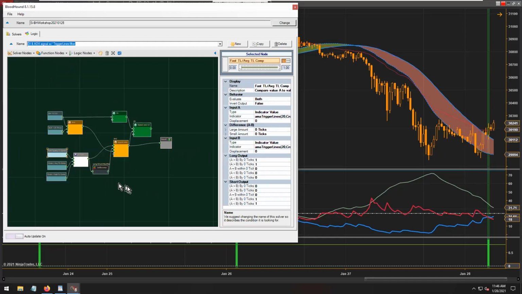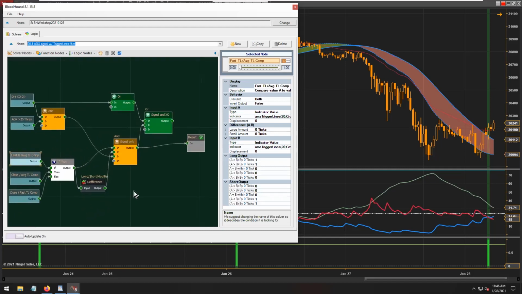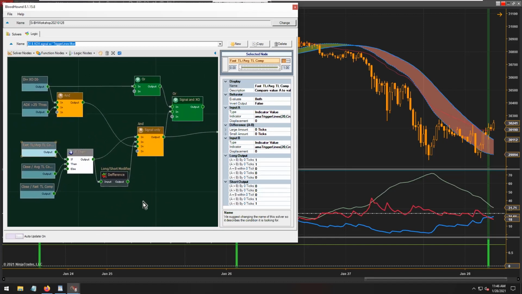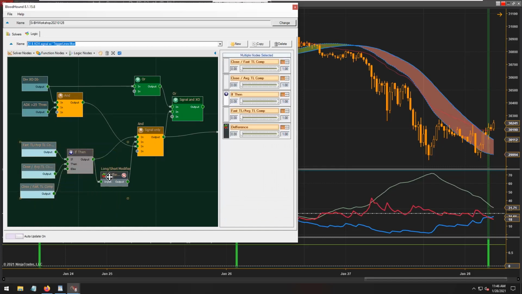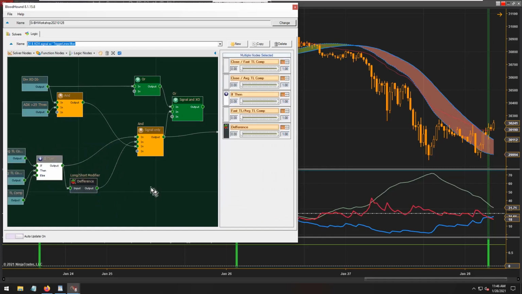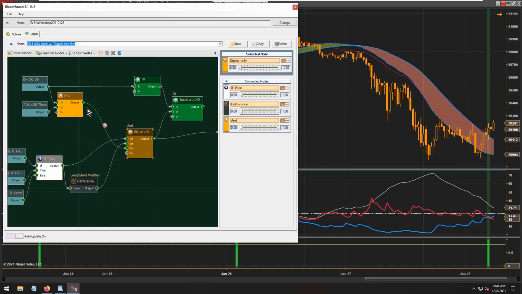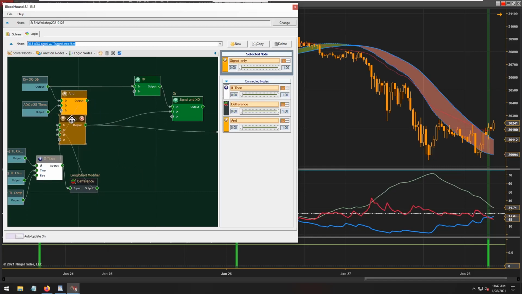And let's further reduce this down here to simplify the logic. So what we can do is, when you have one AND node connected into another AND node, it's the same logic as having just one AND node only, right?